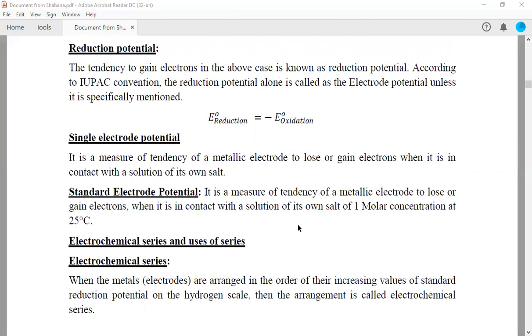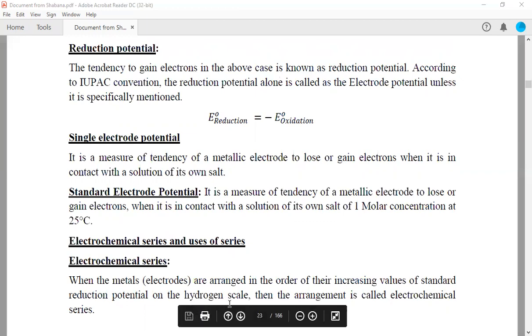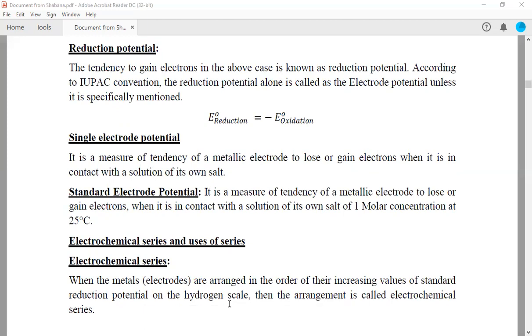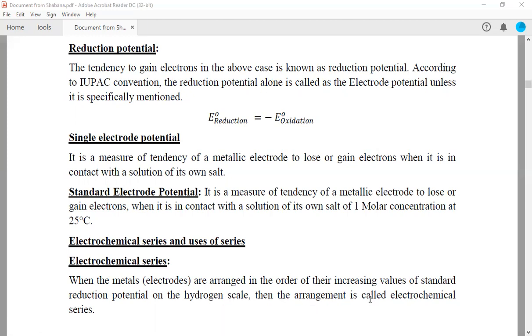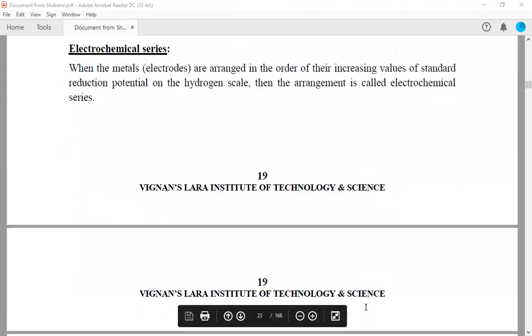Then that arrangement is known as the electrochemical series. I'm telling here it is on the hydrogen scale. That means hydrogen will be taken in this as a reference electrode. So when the metals are arranged in the order of the increasing value of the standard reduction potential on the hydrogen scale, then the arrangement is called the electrochemical series.